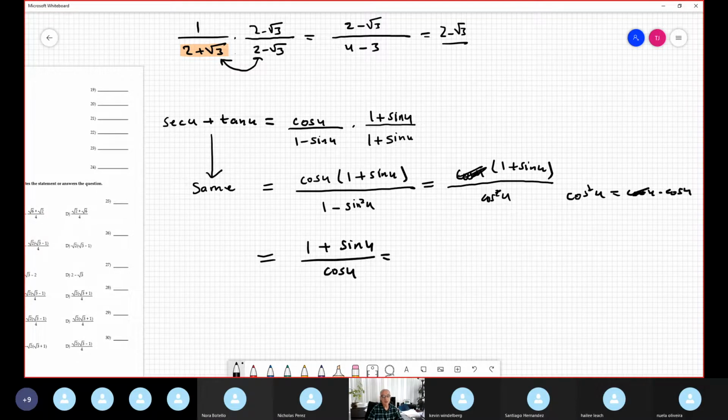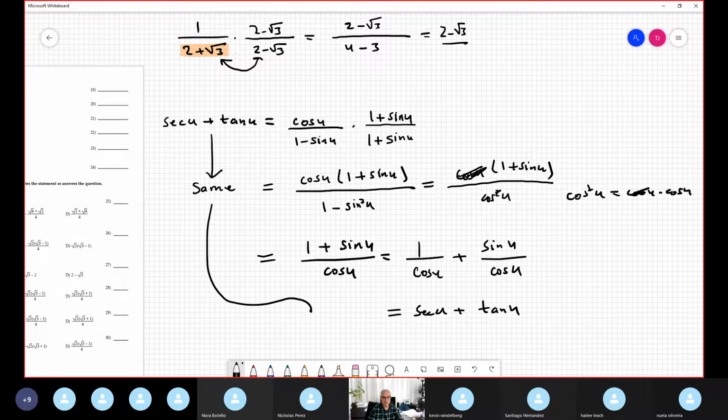Almost I finish. I split this common denominator. Sometimes it's convenient condensing, sometimes no, depending on the problem; there is no rule. You split this into 1 over cosine plus sine u divided by cosine u. This is secant, because the reciprocal of cosine is secant. And this is tangent. It's exactly the same thing.